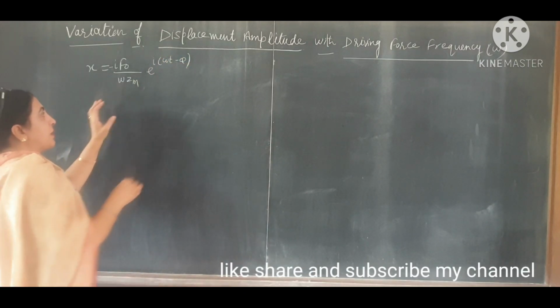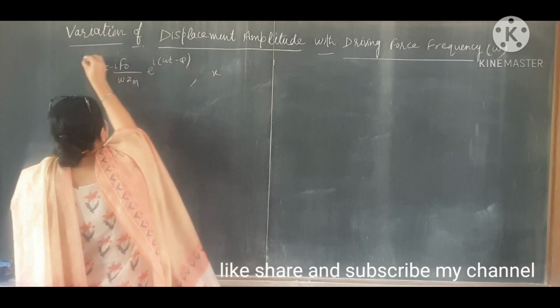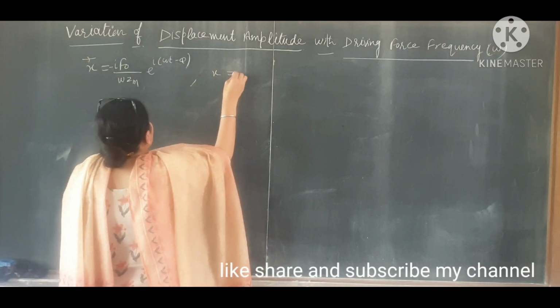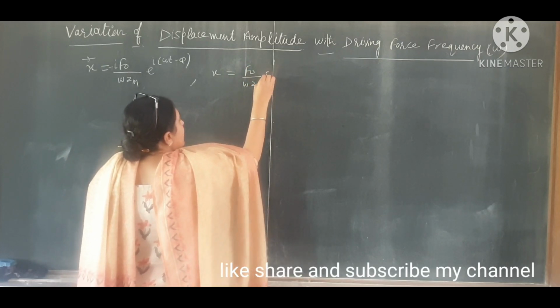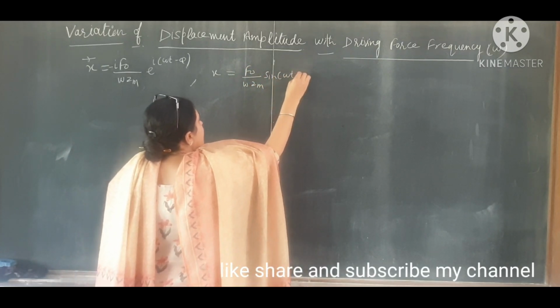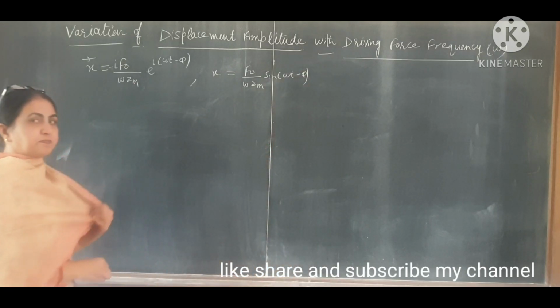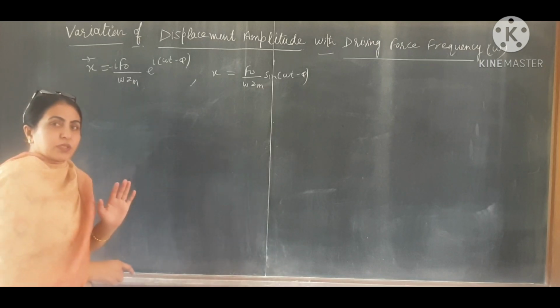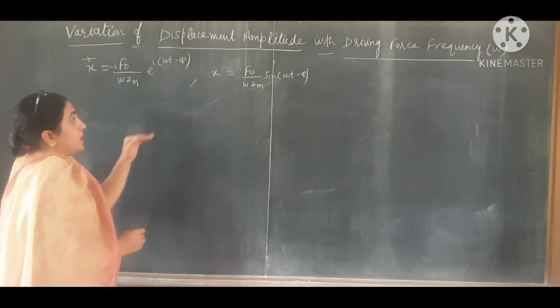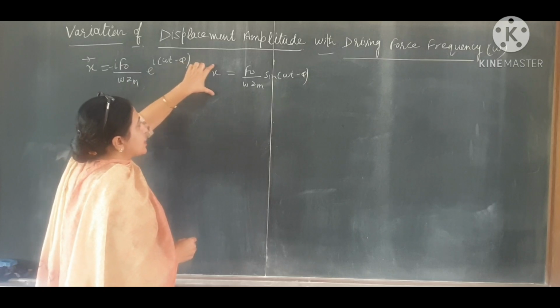When you take its real part, it comes out to be x equal to f naught over omega Zm sine of omega t minus phi. This is the displacement. Clear? Sorry, this is not the displacement amplitude, this is the displacement.